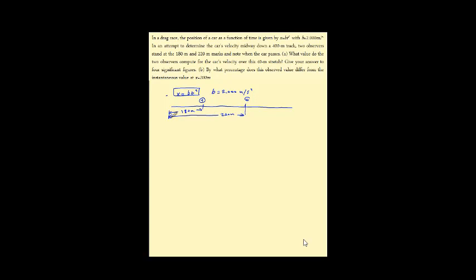Now, the observers are noting when the car passes. So we need to find the average velocity as computed by the two observers in the 400 meters track.